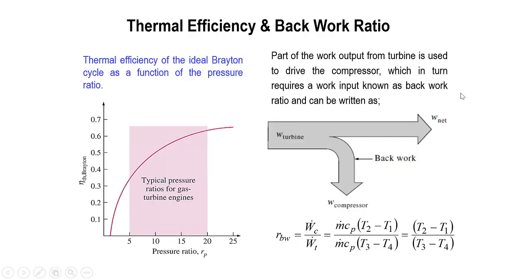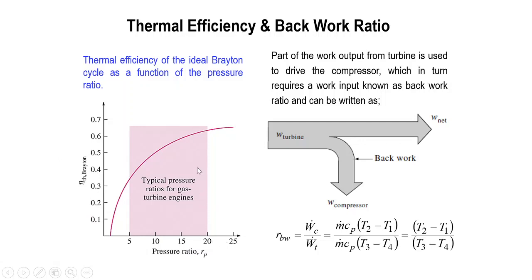Okay, so thermal efficiency and back work ratio. The thermal efficiency of the ideal Brayton cycle is a function of pressure ratio. The pressure ratio is from the compressor. Basically the higher the pressure ratio, the efficiency of the Brayton cycle also will increase.